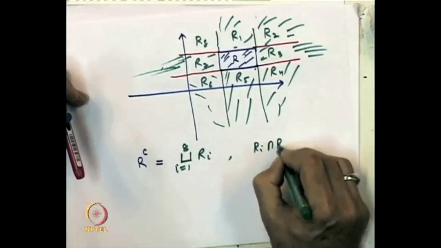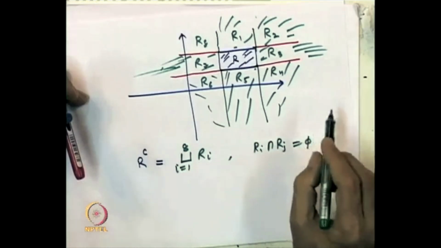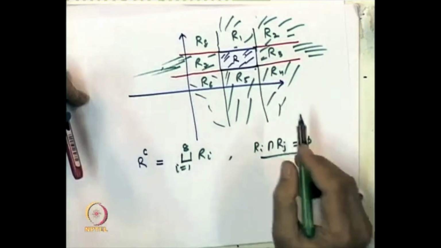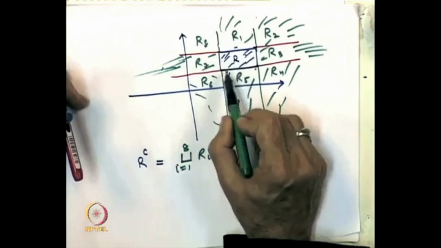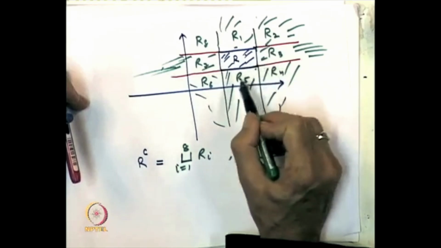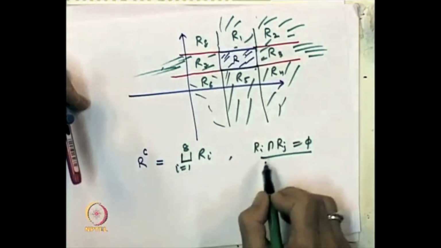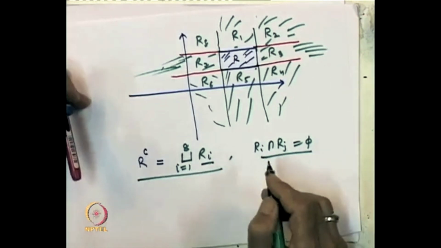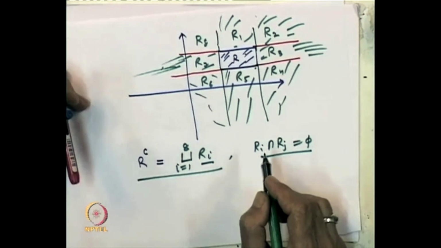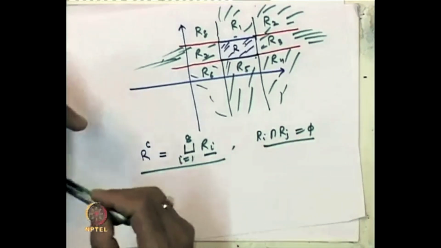where Ri intersection Rj is empty, right? So it's a matter of writing down the details, depending on which part of the boundary of R is included or excluded. Accordingly, I can make these rectangles Ri to be disjoint. So this is true that the complement of a rectangle in the plane is a finite disjoint union of rectangles.